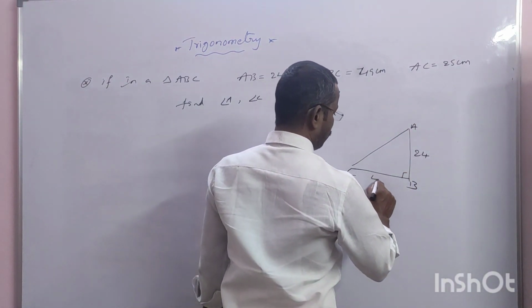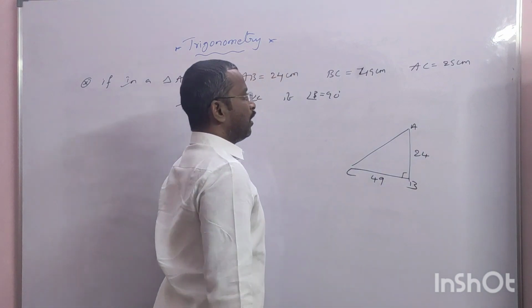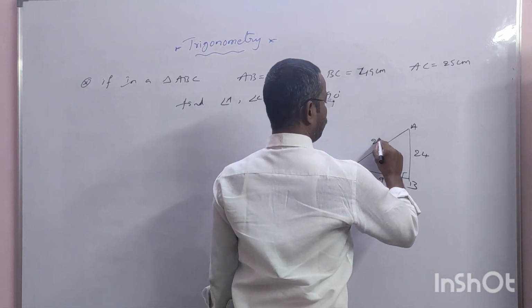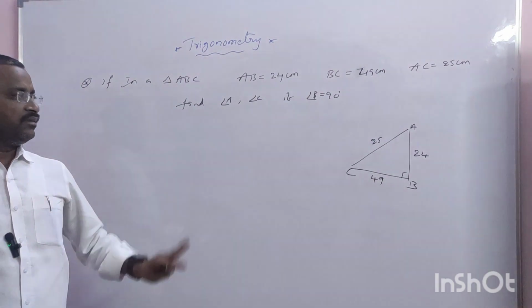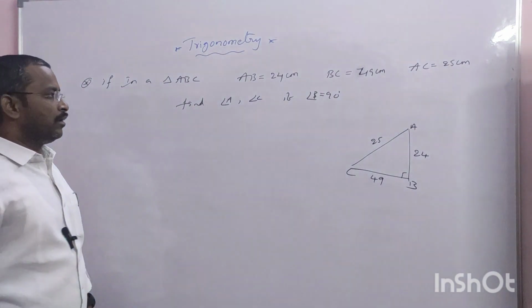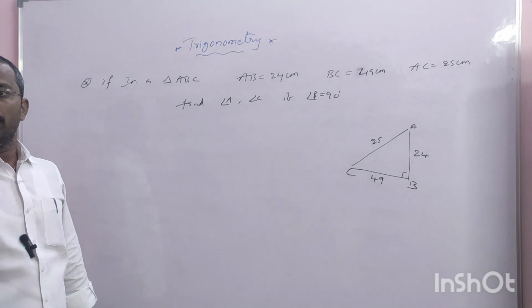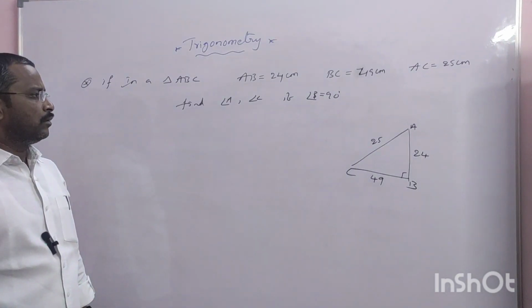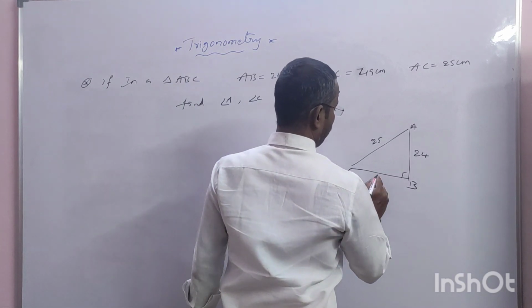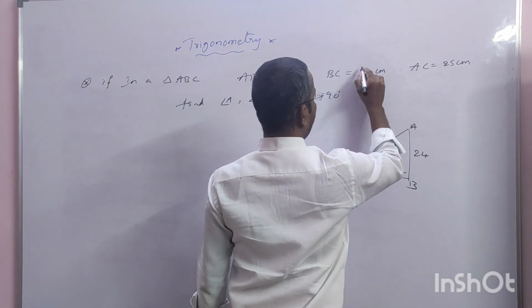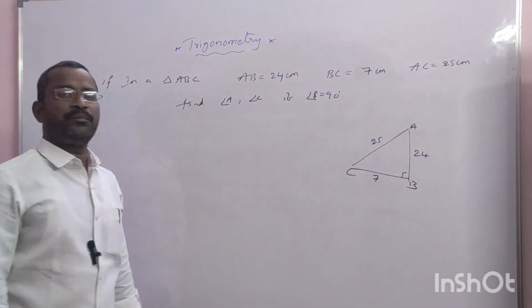BC how much? 7. And AC how much? 25. This is the value you have. Oh, 7, I'm sorry. This is your 7. We wrote it wrong, 7 it is.